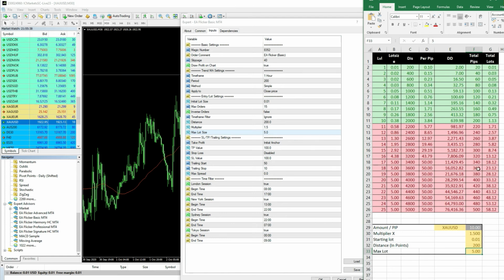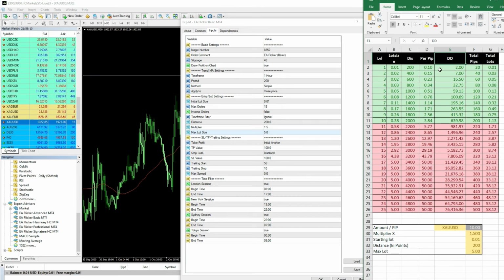XAUUSD is gold. Now what you should look at is, as it opens a new position, remember what I said just now? As it opens another new position, it will be 1.5 times of the previous one. So from 1, you go to 2, 3, 5 for that matter, and then this is the number of distance you have traveled. Now, the important column that should jump out at you would be this DD, drawdown.